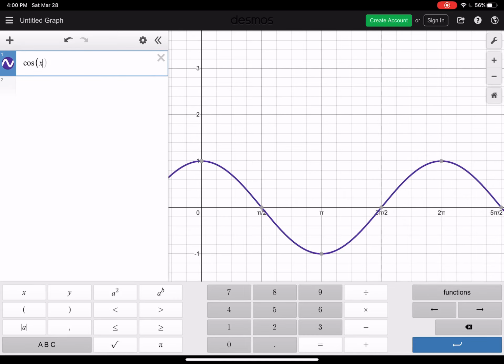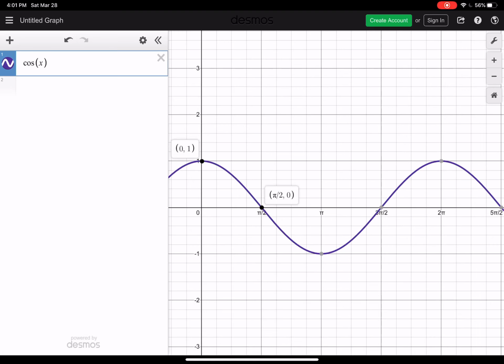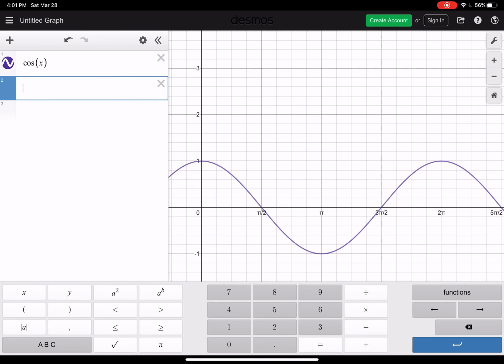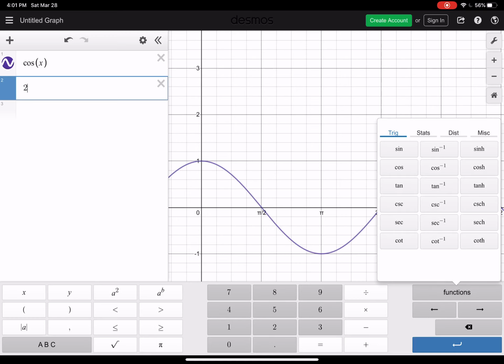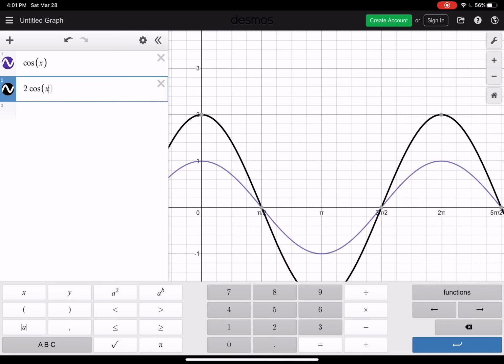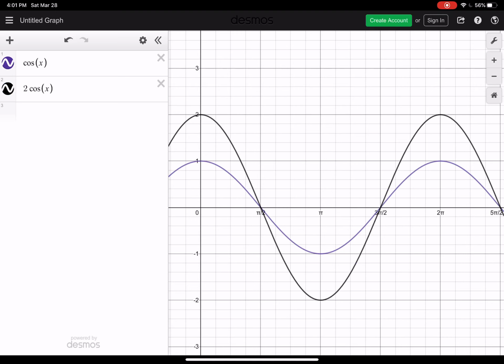Cosine of x looks very similar to what we did in Notability: high, axis, low, axis, high. Now if I do 2 cosine of x, see how the high and low points now go up to 2 and down to negative 2.